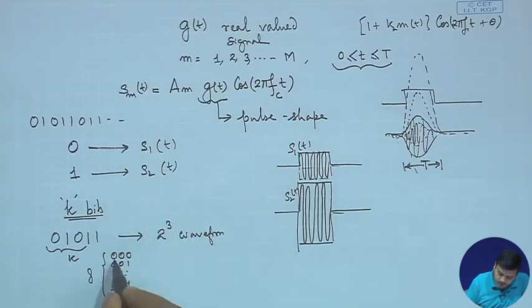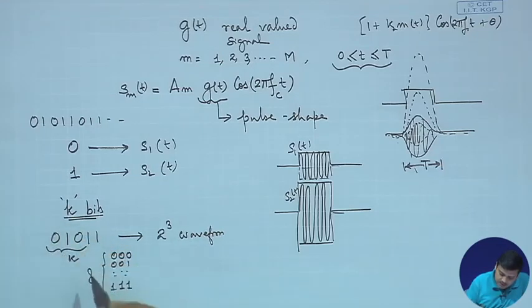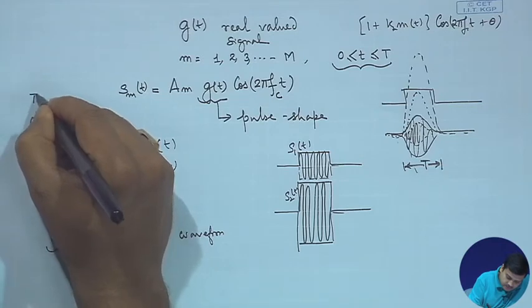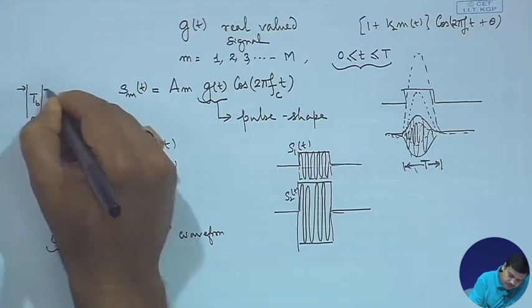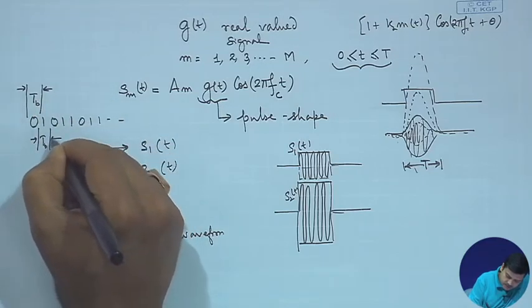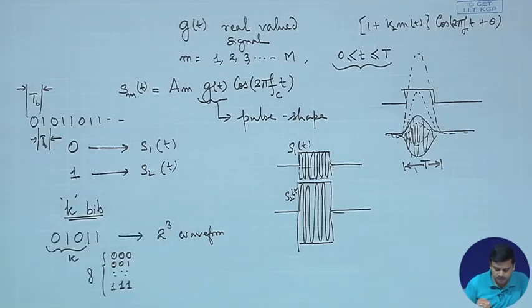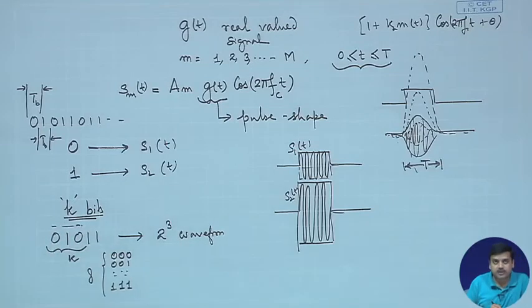Now, these things come at an interval. Let us define Tb as the duration of the bit. If this has a duration of Tb, then you have to wait for k bits, in this case 3 bits, before you get your group of 3 and can form this particular symbol.